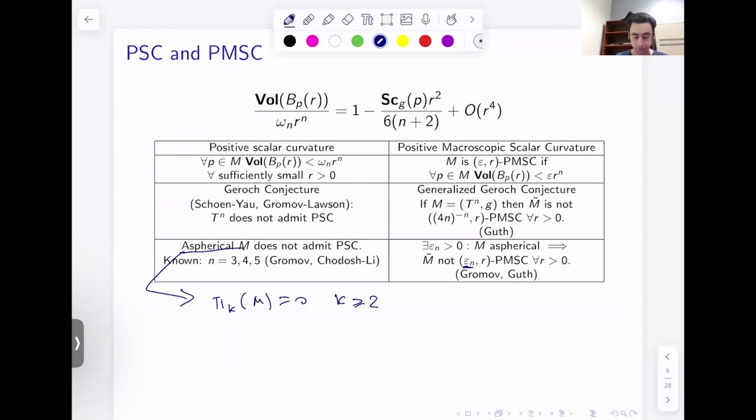But to understand this connection more explicitly, we need to define the notion of geometric large-scale simplicity that we expect positive scalar curvature manifolds to have, and that we also see for positive macroscopic scalar curvature.